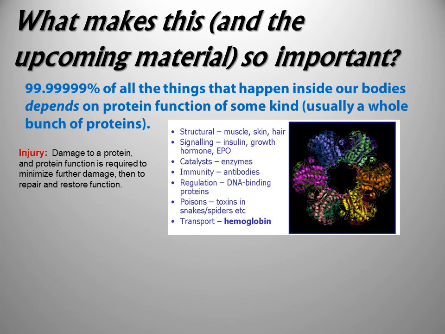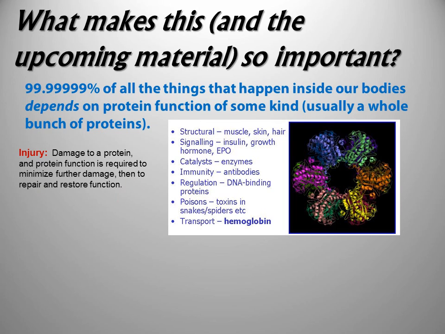So what makes this important is if you are going to be involved in helping people with injuries. Most injuries involve some damage to a protein, like a structural protein in the case of a muscle tear. And protein function is required to minimize further damage, for instance, or when you're healing. So understanding how proteins do what they do in order to facilitate healing.